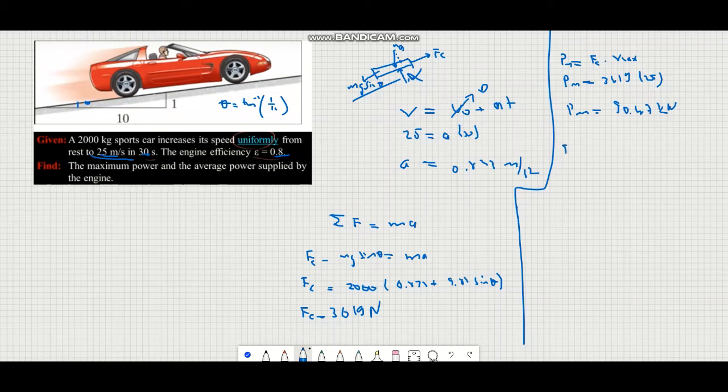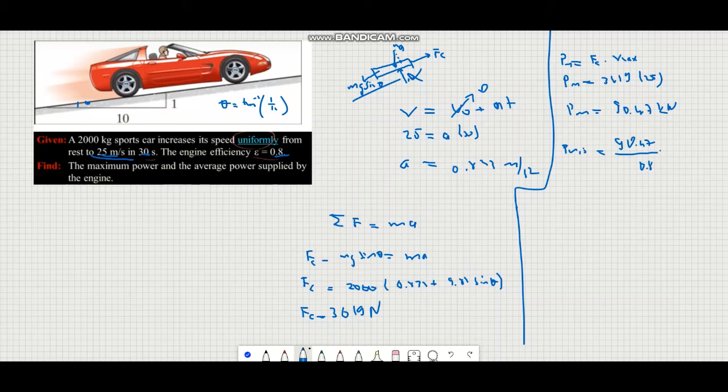So the maximum power input, which is given by the engine, is gonna be 90.47 over the efficiency, which is 0.8.